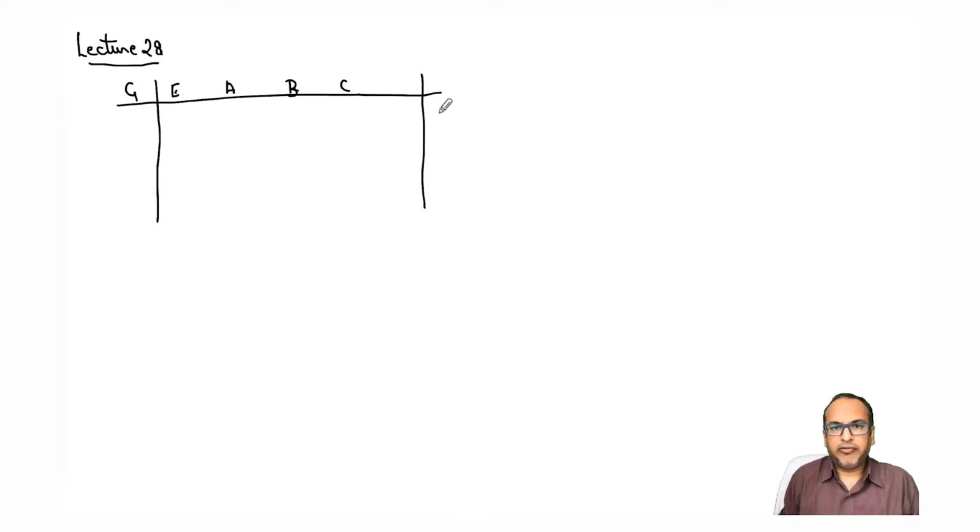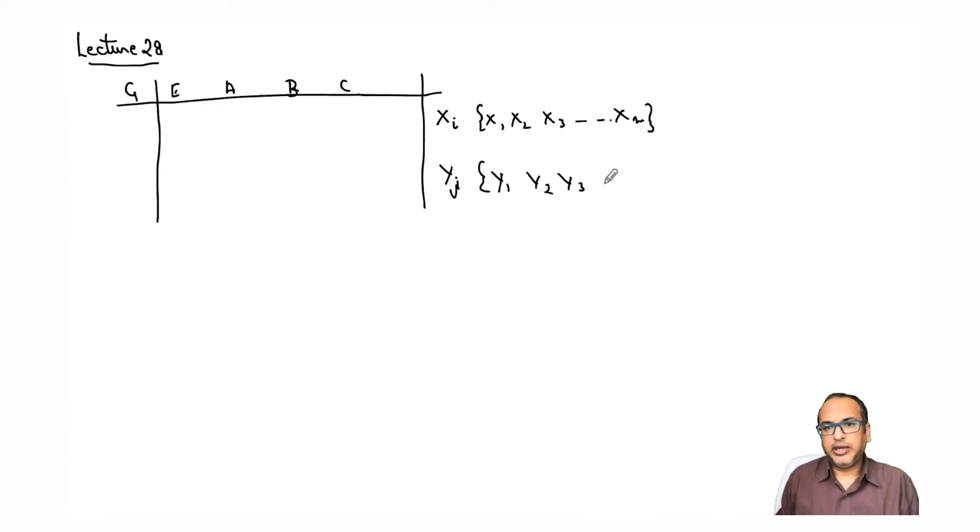and if I have xi as the linear combination which consists of various functions x1, x2, x3, and let's say xm, and another basis is yj where j varies from 1 to n, y2, y3 up to yn.